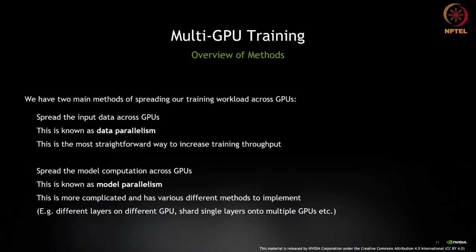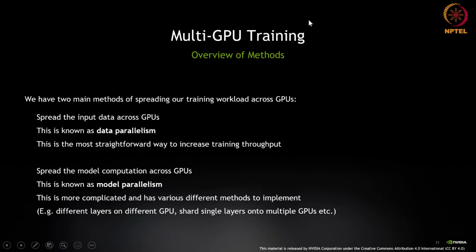This type of multi-GPU training is called data parallelism, because you are distributing the batch of data across different GPUs. And this is the most common or straightforward way to increase the training throughput, because it is kind of embarrassingly parallel, which means every image is independent of each other and you are just distributing it across different GPUs.